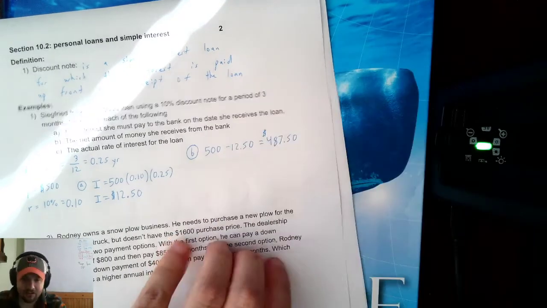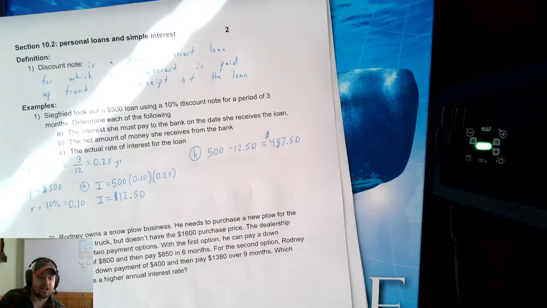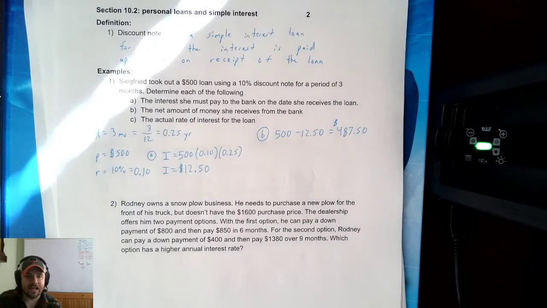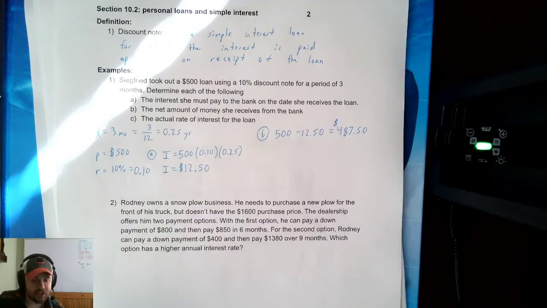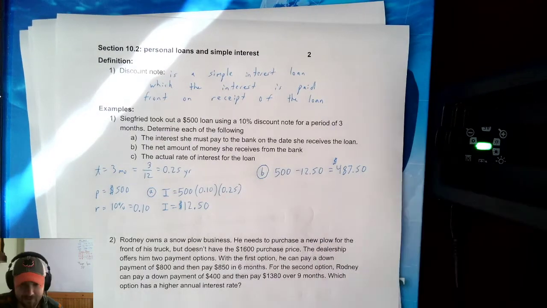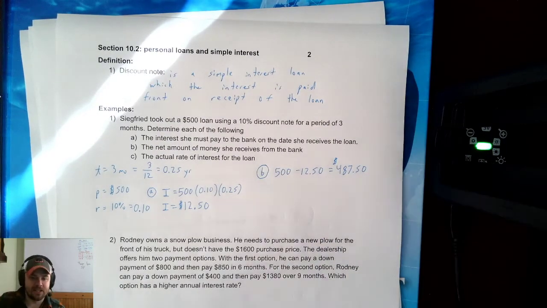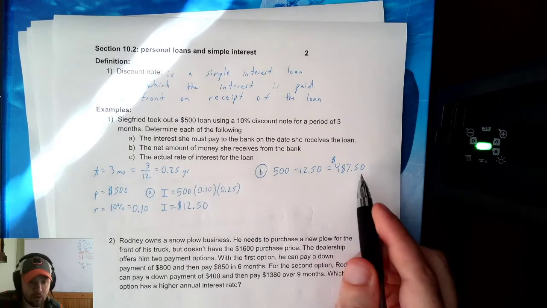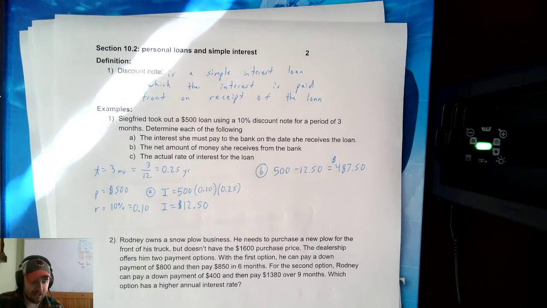And I'm going to put a little dollar sign next to it. She's actually receiving, on the day she goes to the bank, $487.50. Pardon the sunshine coming through. $487.50. That's how much she actually receives from the bank. So this is how much she is actually borrowing when she gets her money, right?